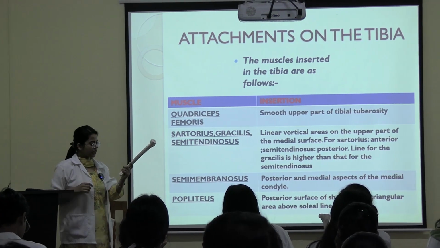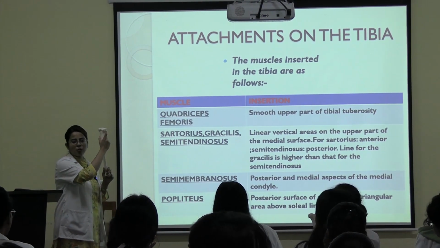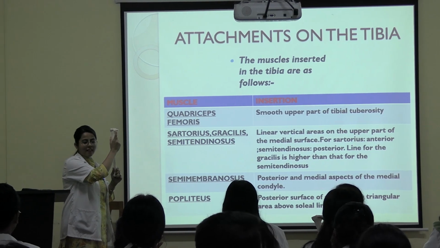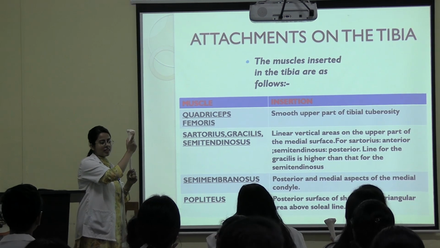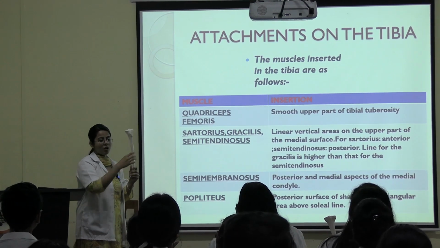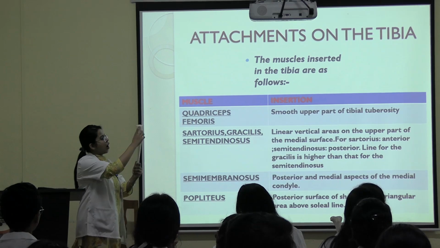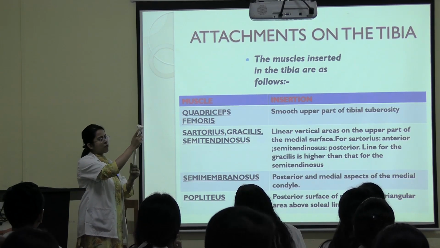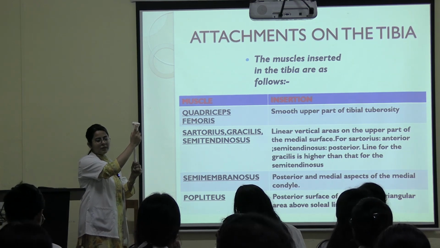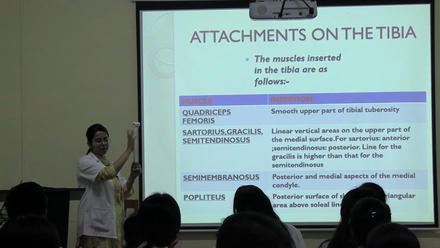Now in the medial condyle, as I said, there is one groove for which muscle? Semimembranosus. So it is inserted here. Two muscles done: quadriceps femoris in the upper smooth part of the tibial tuberosity, and semimembranosus in the groove behind the medial condyle of the tibia.